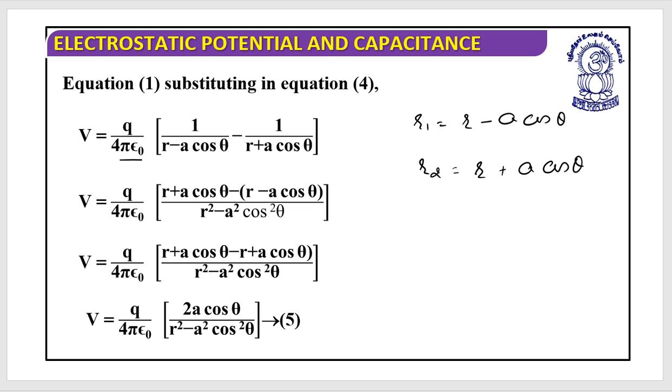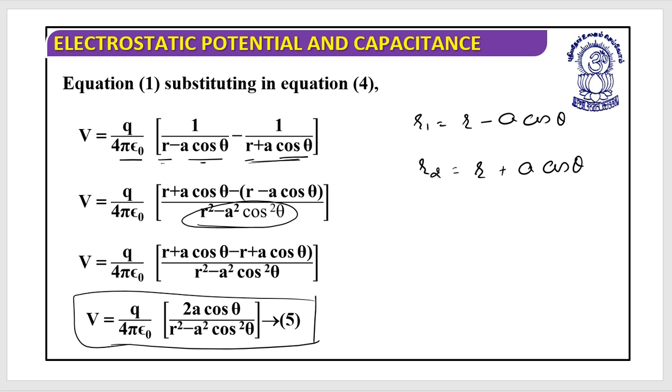You know that a minus b times a plus b gives a square minus b square, so here it is r square minus a square cos square theta. Taking the LCM, the result V is kq multiplied by 2a cos theta divided by r square minus a square cos square theta.